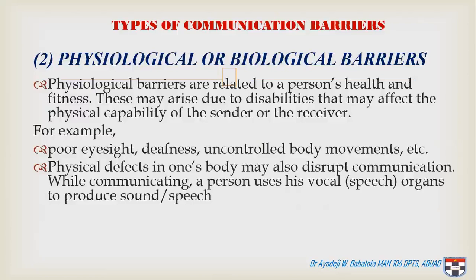So these physical defects in our bodies may disrupt communication. For instance, while communicating, a person uses vocal speech organs to produce the sound of speech. If there's anything wrong with these vocal organs, then the person will not be able to communicate verbally very well.